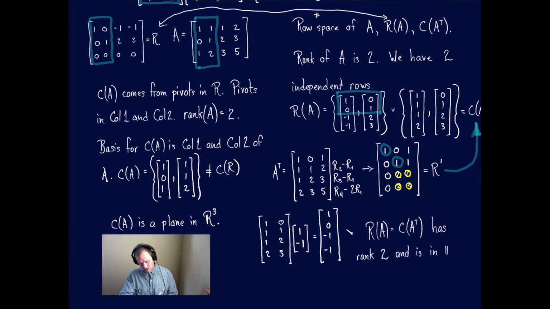It's in R4. Okay, so we need to be aware of that. So the column space of A transpose is in a different place. It's in R4. The column space of A, we said, is in R3.